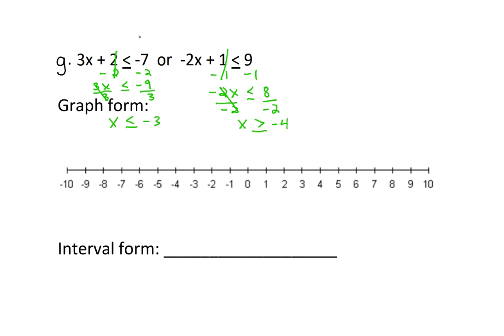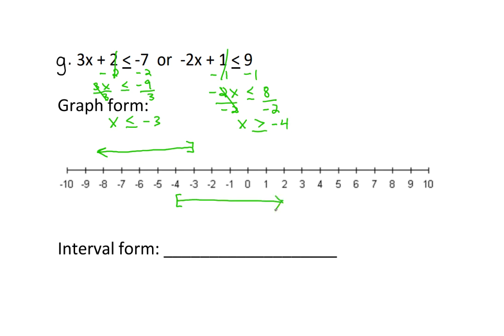Okay, so our connecting word is "or," which means we're going to put anything that's in either inequality on the line. x is less than or equal to negative 3. Less than or equal to, we have that straight line, so we're going to do a bracket, and go less than, so that's what that would look like. x is greater than or equal to negative 4, so we start at negative 4 and we go to the right.